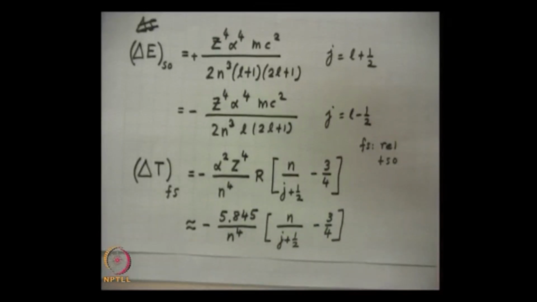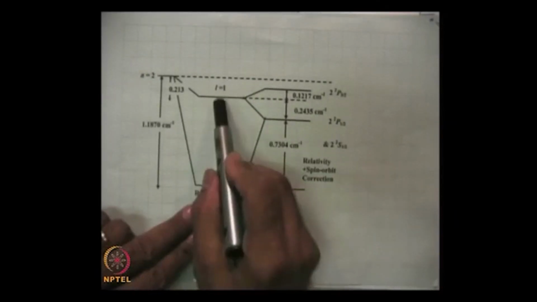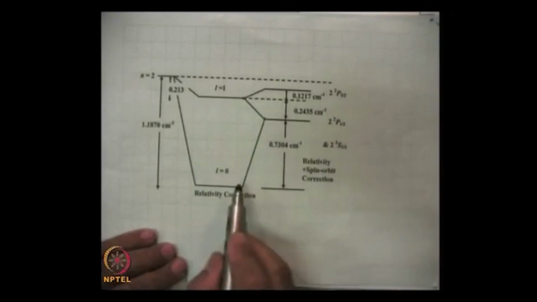So, I had here, for example, the relativity correction given by this, and this is my spin orbit correction.